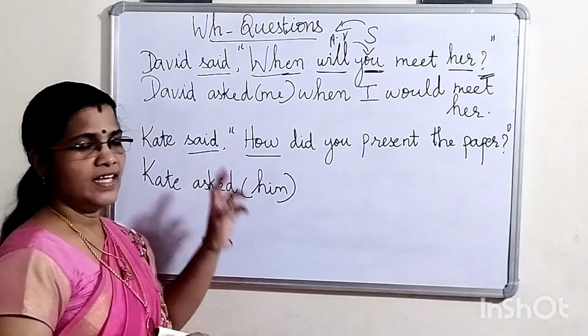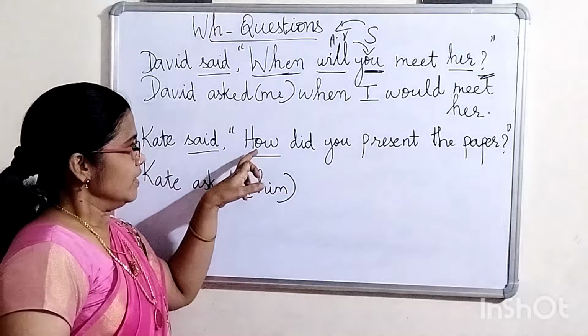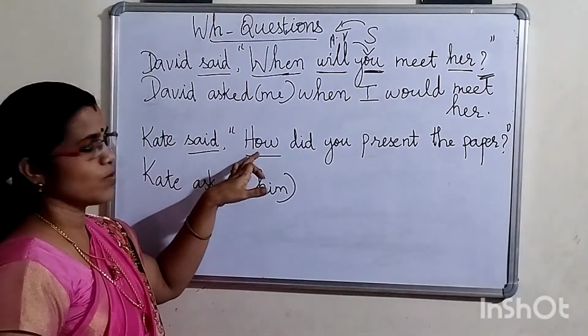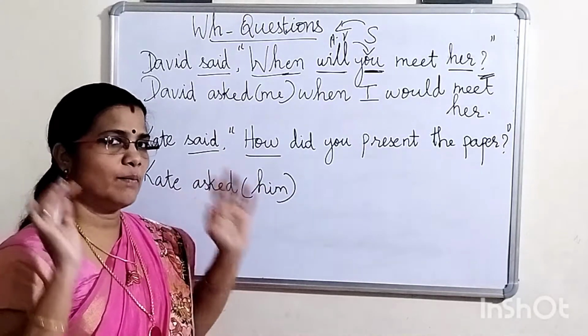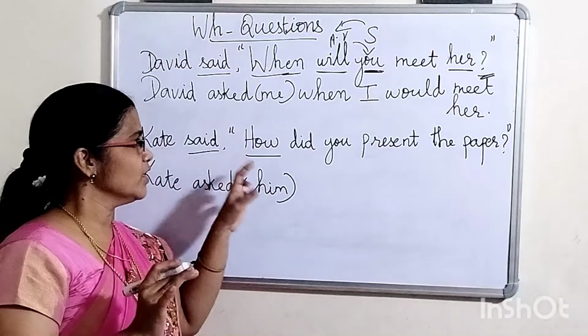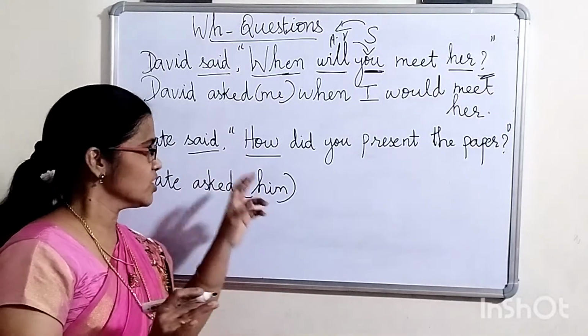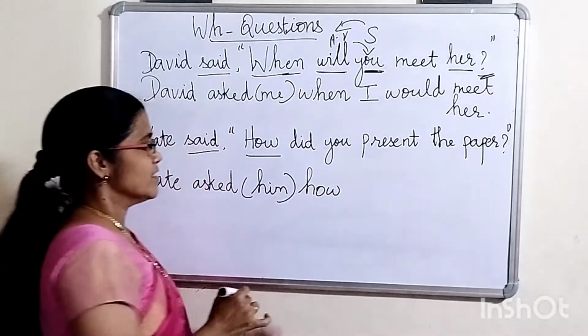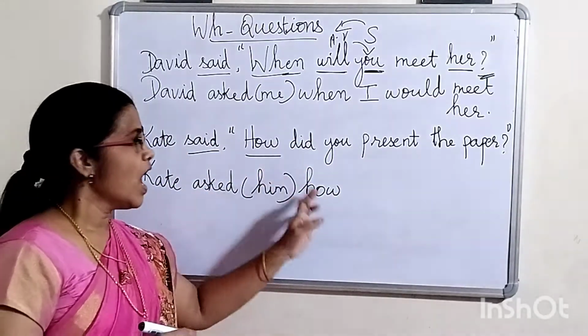Look at the word here. H-O-W, right. This is how. You may wonder, how can you call this a WH question? Yes, H-O-W is considered to be a WH word. Okay. Even though it doesn't start with WH. So this is a WH word. So Kate asked him how.